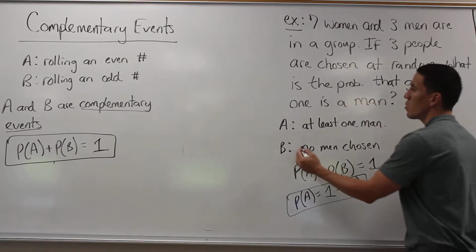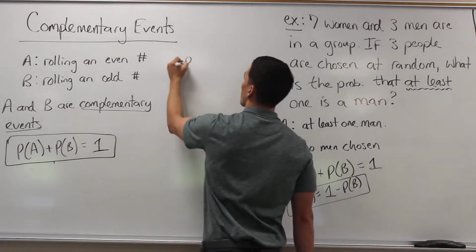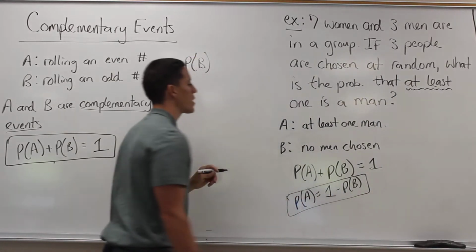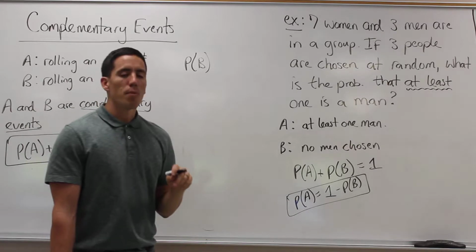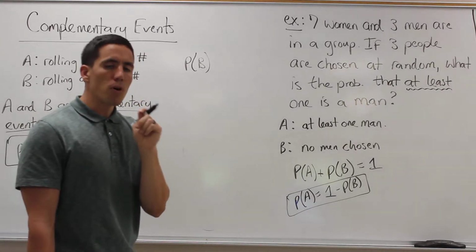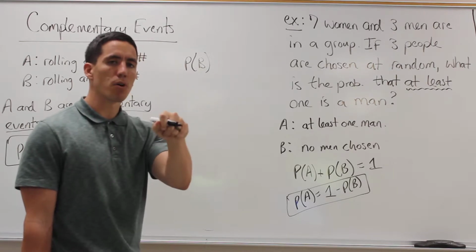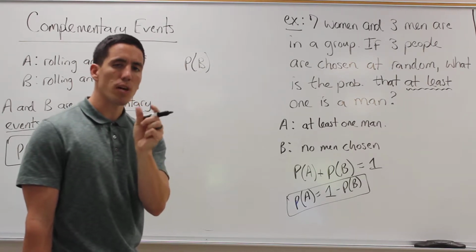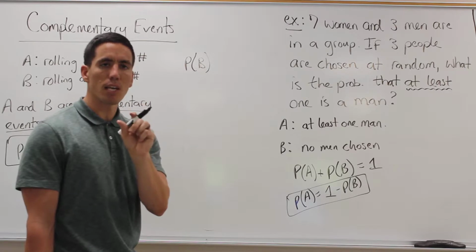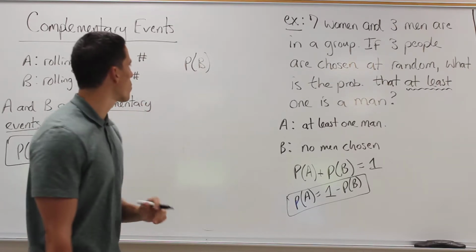So we do need to find the probability of B, the probability that no men are chosen. But the problem is, when a person is chosen from the group, and then you go back to choose the second person, those events are dependent on one another. Let's explain what I mean.